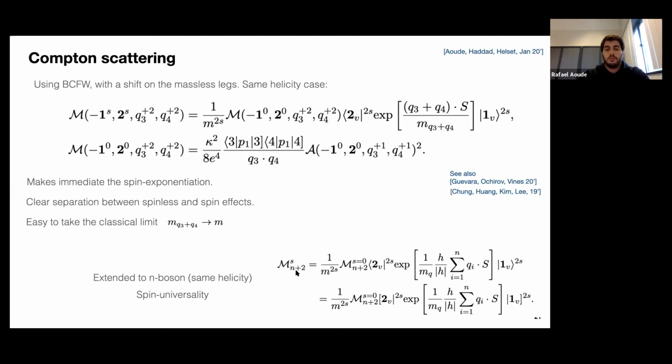Here you have an amplitude with n plus 2 particles, where these two are the same as the two massive ones here, and the n represent the n bosons that you can radiate. When you calculate that, what you obtain is the same amplitude as if you had scalars radiating bosons, and the spin factor factors out for the same helicity case. So this is some spin universality.